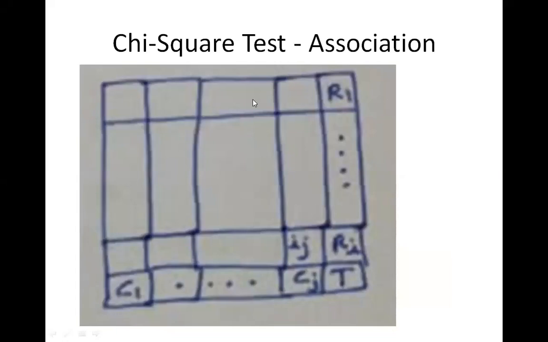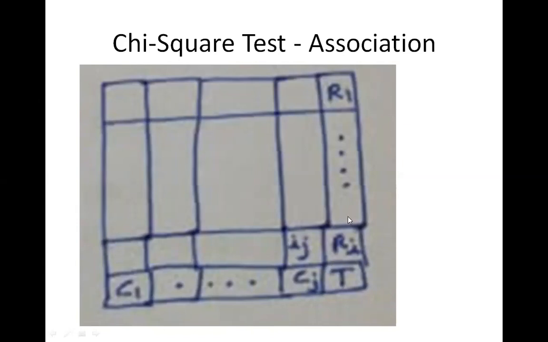The total of the first row is written as capital R1 and the total of the ith row, or row number i, is written as capital Ri. Similarly, the total of column 1 is written as C1 and the total of column j is written as Cj, and this capital T is the grand total, that is the sum of R1 to Ri, and this will be the same as the sum of C1 to Cj.